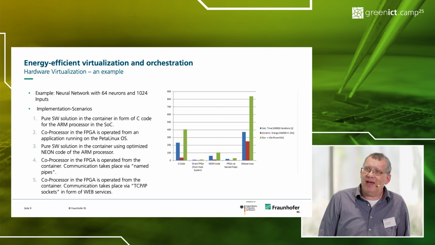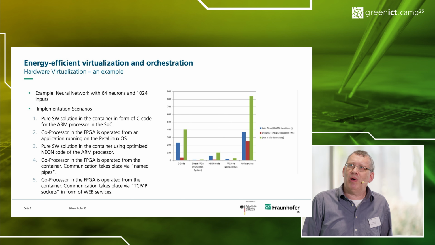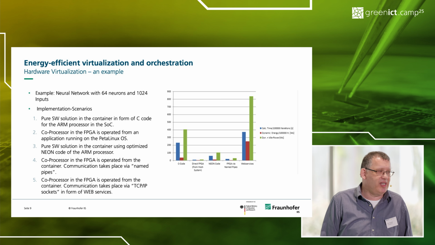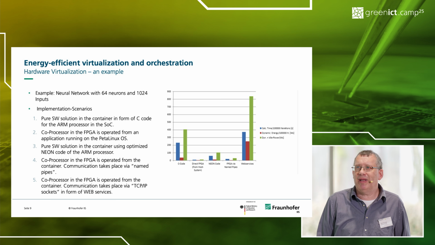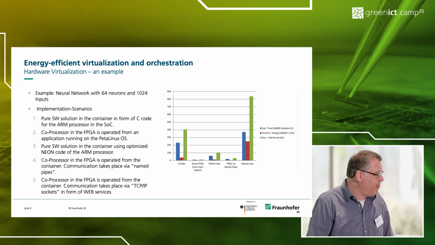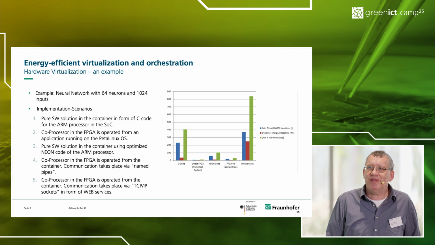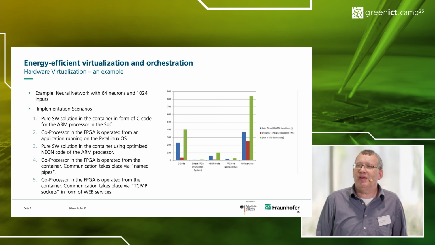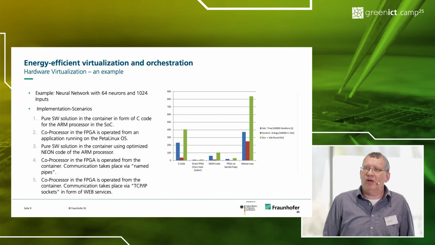On the left side, the first part is a neural network with 64 neurons and 1024 inputs, completely realized in the form of software, in C code. So we use the programming language C. And you see on the blue side the calculation time. This is the speed of your implementation, which is always interesting. And on the green side or on the red side, you see different views of the consumed energy.